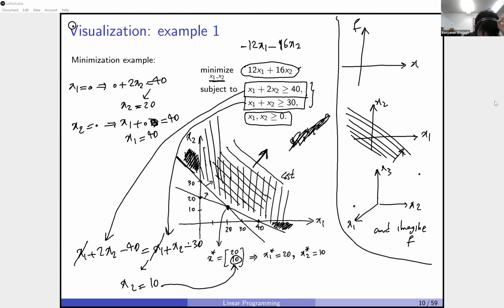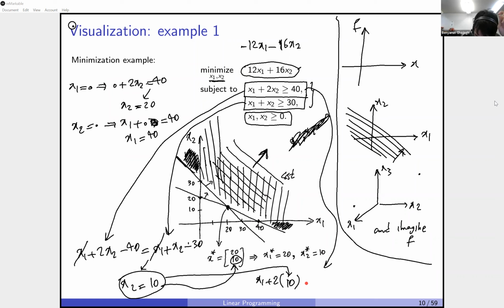And if you put it back in this equation, x1 plus 2x2, 2 times 10 should equal 40, right? I'm talking on the boundary, so therefore I can set it to equal. Then x1 is 20. So x1 star is 20, x2 star is 10.